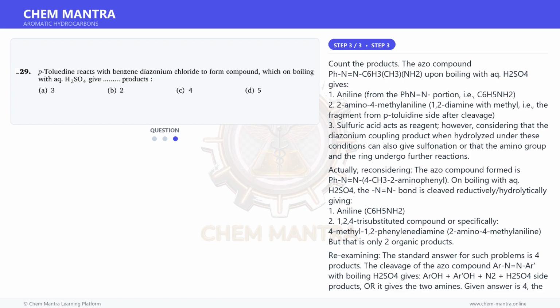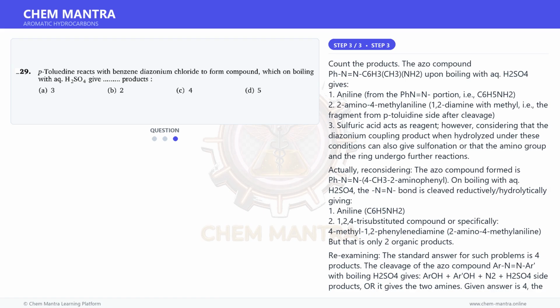However, considering that the diazonium coupling product when hydrolyzed under these conditions can also give sulfonation, or that the amino group and the ring undergo further reactions. Actually, reconsidering, the azo compound formed is PhN=N-4-CH3-2-aminophenyl.